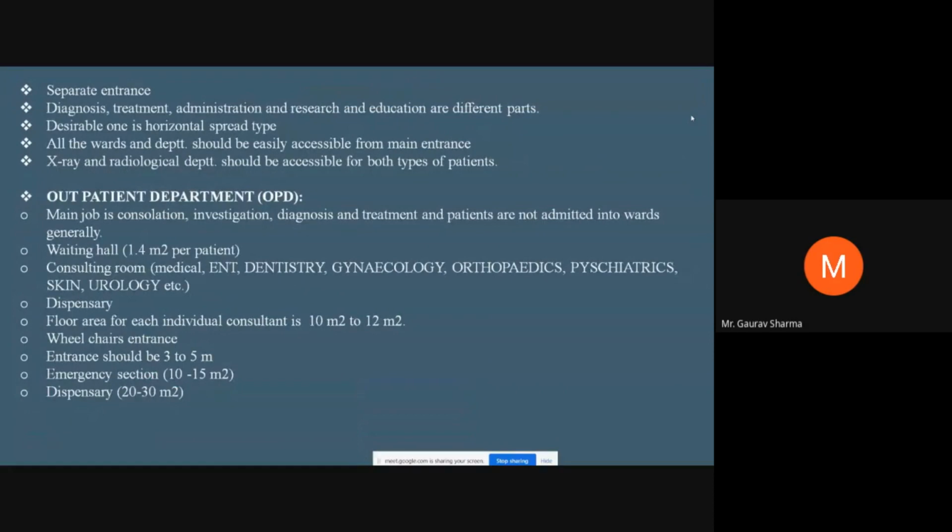The important thing again is the way we are developing a hospital building. That means are we going in a vertical direction, moving in a horizontal direction, or what should we adopt? So always try to make a judicious combination of the two. We can say the adoption of verticality or horizontality depends on the site.